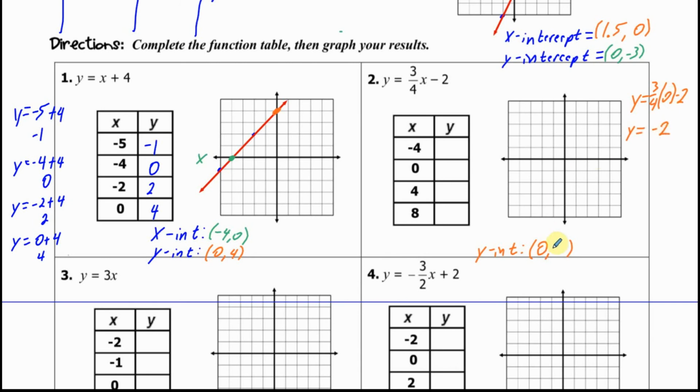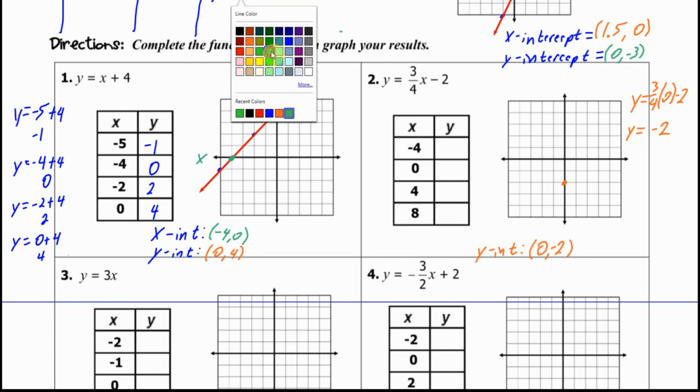So my y-intercept is -2. So I'm going to plot the point 0, -2. I'm not going to draw my line yet because I need a second point. Always need at least 2 points to graph a line. But I know whatever my line does, it's going to hit that point there.